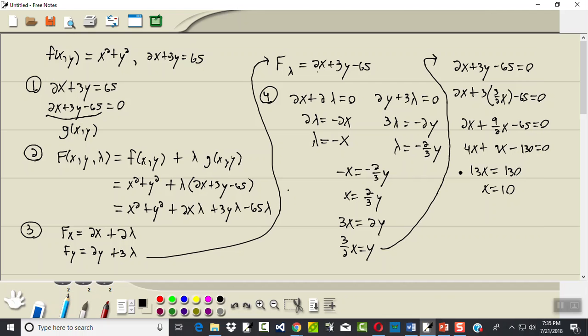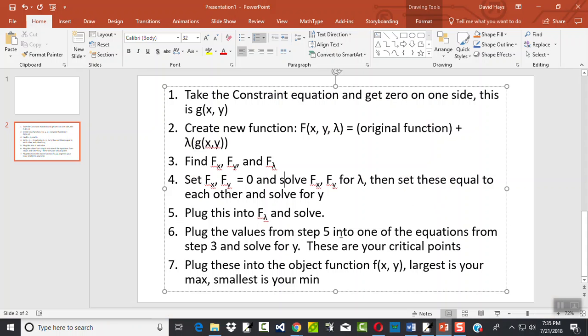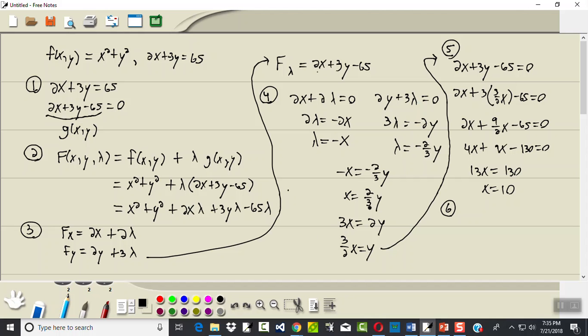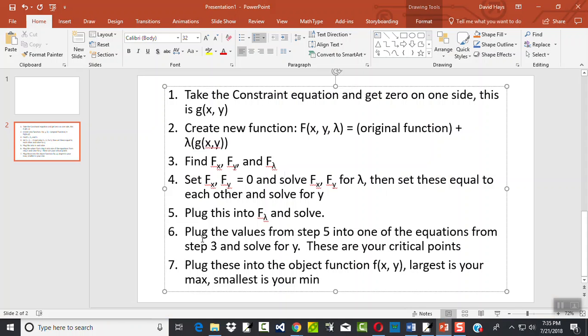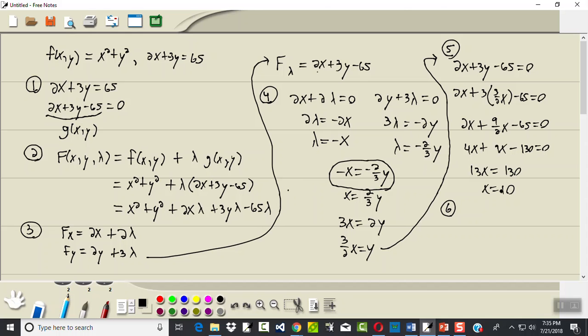Okay, that's step 5. I didn't label it though, did I? Step 6. Plug the values from step 5 into one of the equations from step 4, once we got them equal to 0, that is. I came up with these steps just a little bit ago, so this is still version 1. So plug this into the equation here.